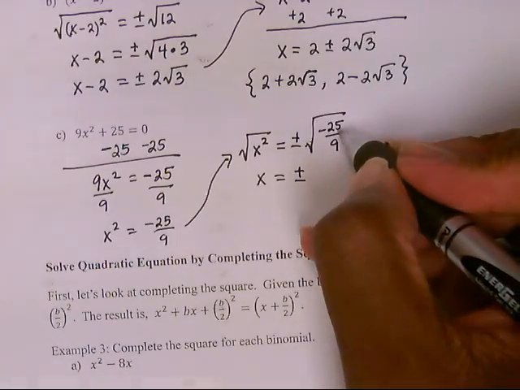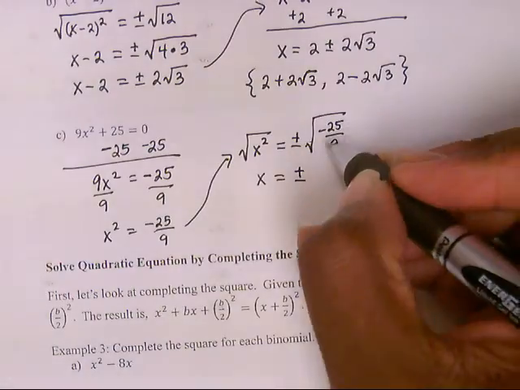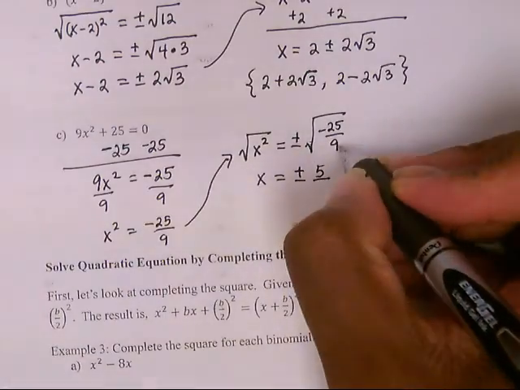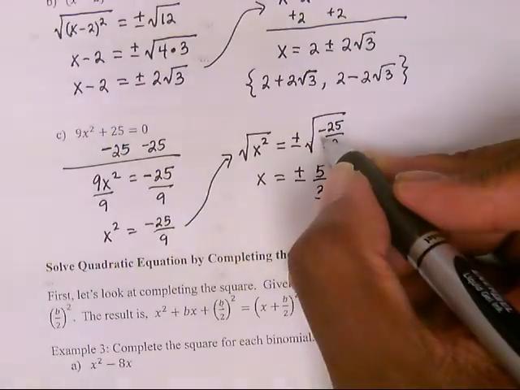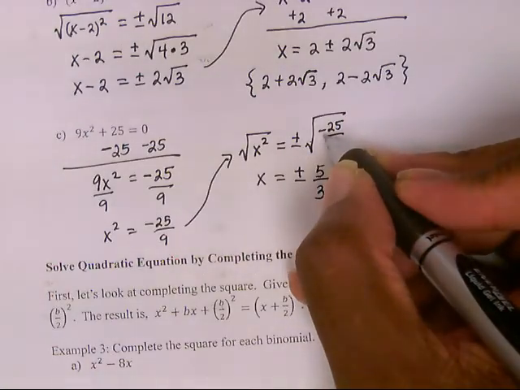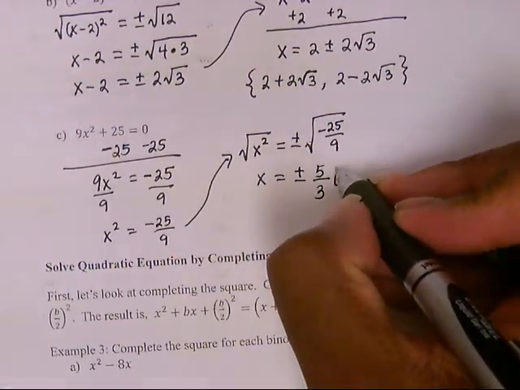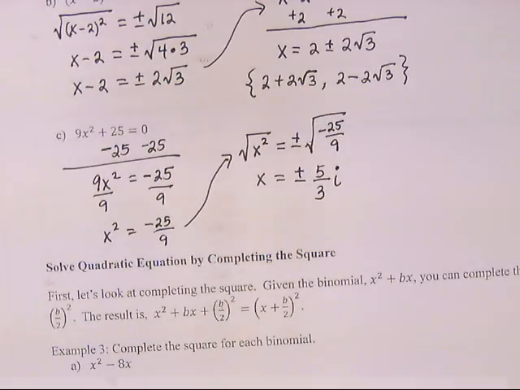Let's see. The square root of 25 is 5, over the square root of 9 is 3, but we got a negative sign. That means negative 1 is involved in it. The square root of a negative 1 is i. So we got x equal plus or minus 5/3 i.